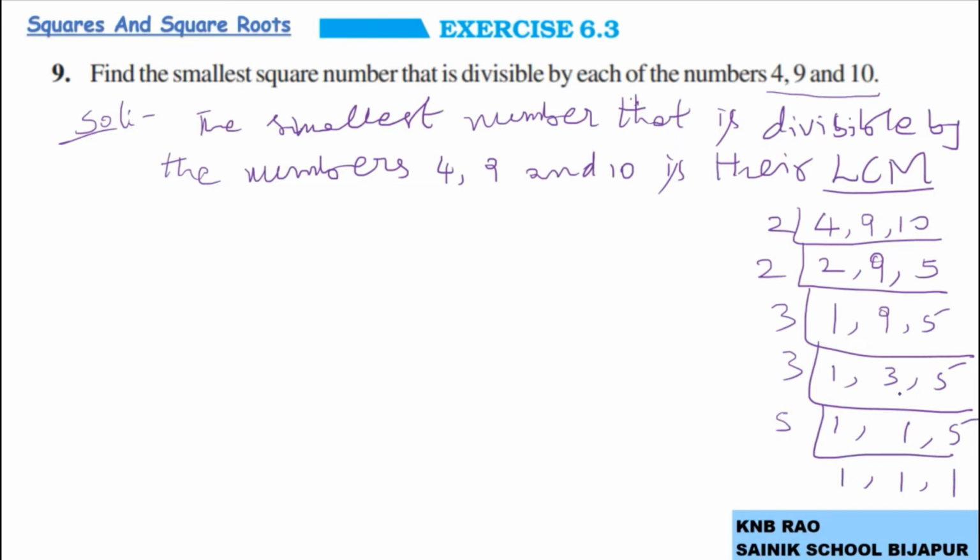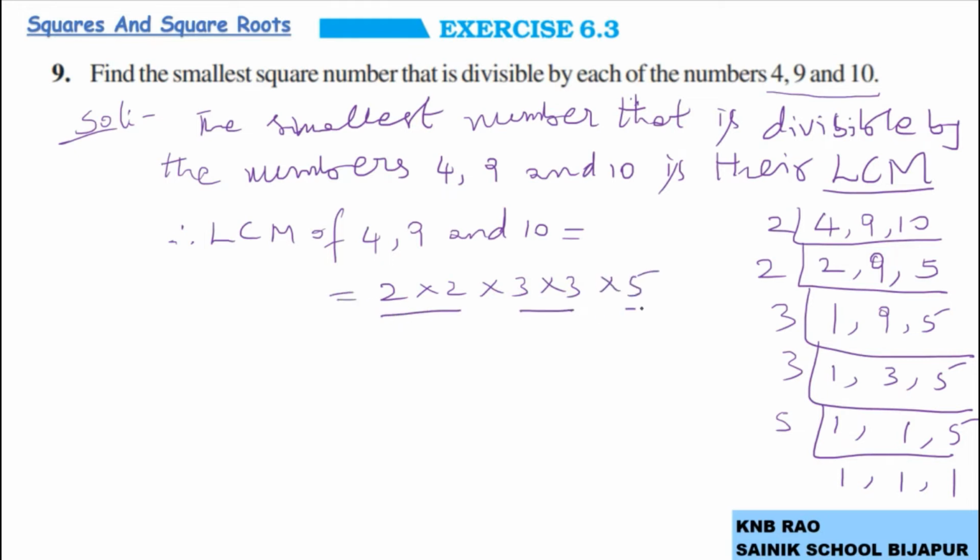Therefore, the LCM of 4, 9 and 10 is 2 into 2 into 3 into 3 into 5.